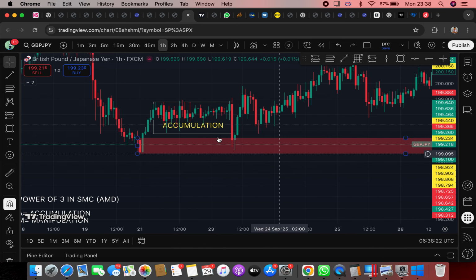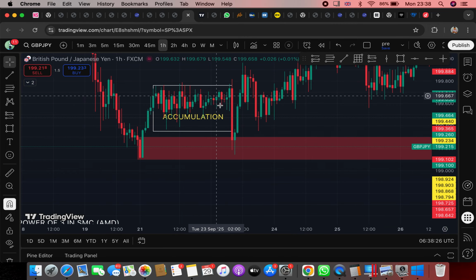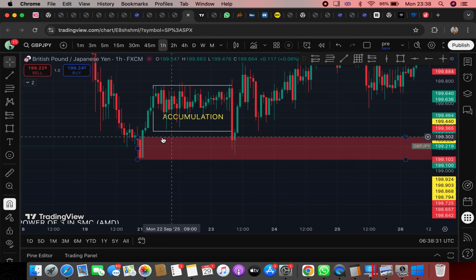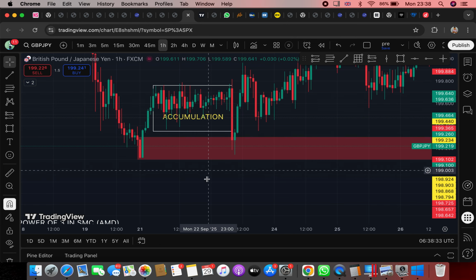So now something like this started happening. The market now manipulated towards the downside in order to mitigate this order block before now distributing.